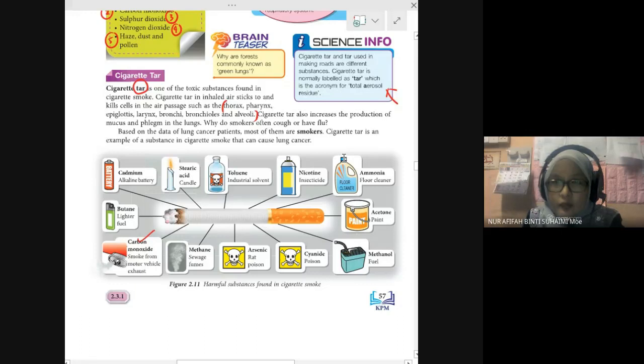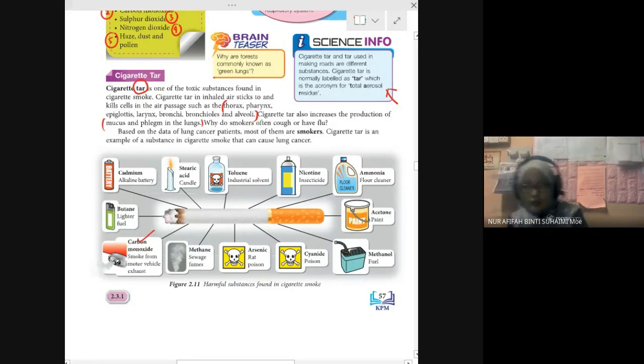Cigarette tar also increases the production of mucus and phlegm in the lungs. The mucus becomes a lot. So that's why smokers often have cough or flu. Selalu batuk dan demam, selsema.